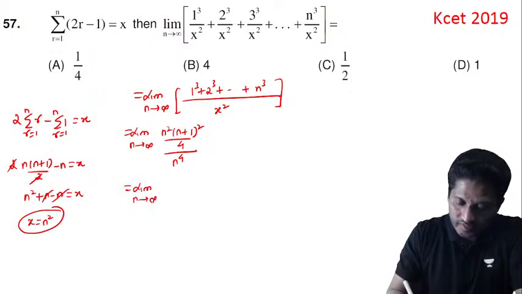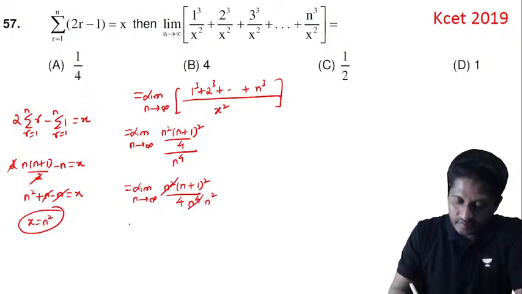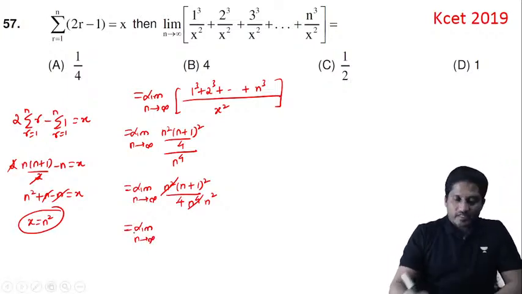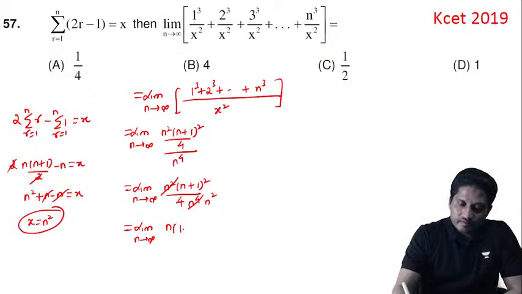So limit n tends to infinity of n square into n plus 1 the whole square by 4 divided by n power 4. This n square will cancel, you get n square. Now if I take n common here, it is 1 plus 1 by n the whole square divided by n square. This is 4.